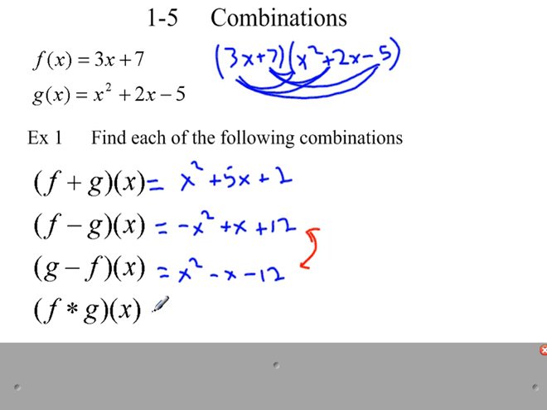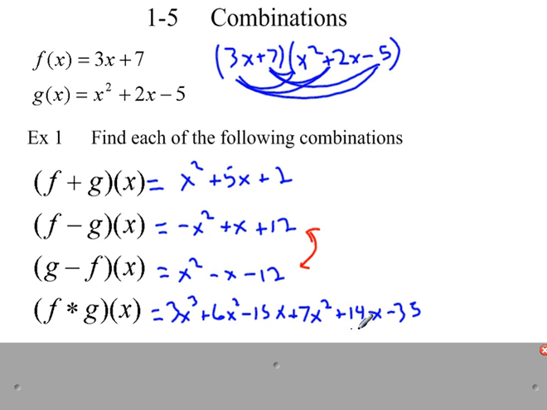So let me do that. So if I do that, we get 3x squared, or excuse me, 3x to the third, 3x cubed, plus 6x squared minus 15x. There's your first term multiplied by all three of these, plus multiplying the 7 by everything gives us 7x squared plus 14x minus 35.